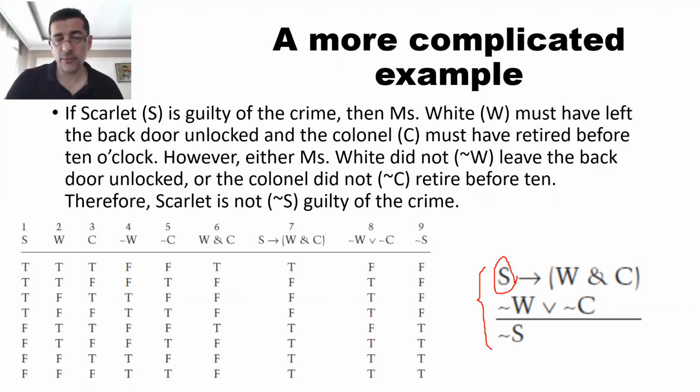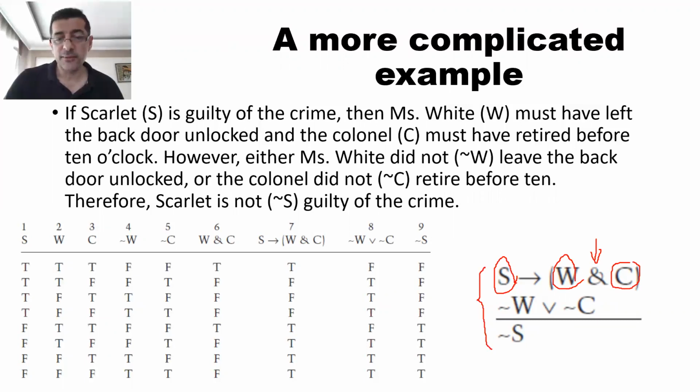If S, then W and C. Then Mrs. White must have left the back door unlocked, this one, and the colonel must have retired before 10 o'clock, right? So C.